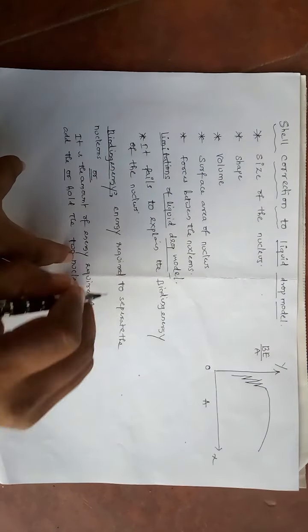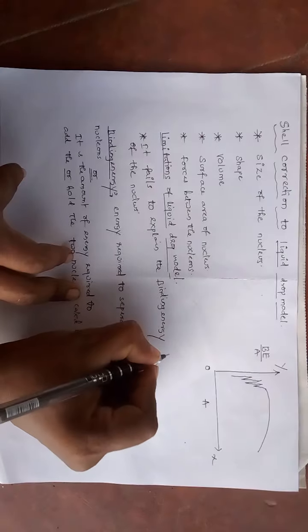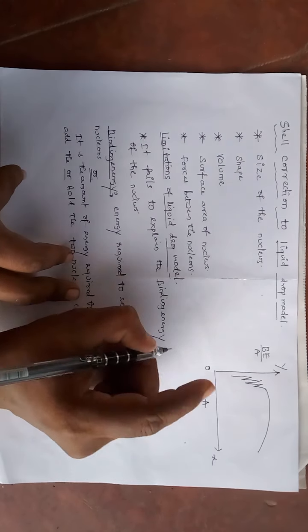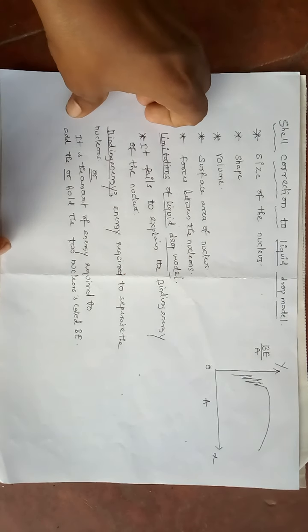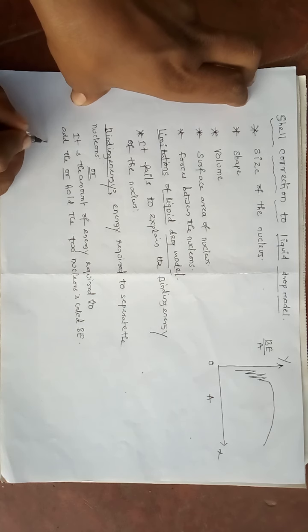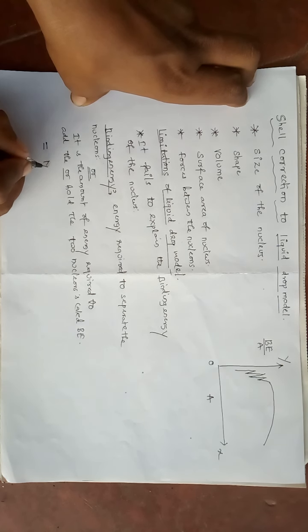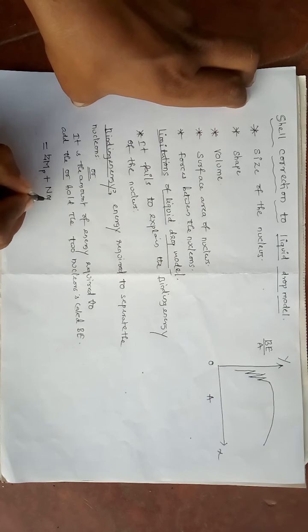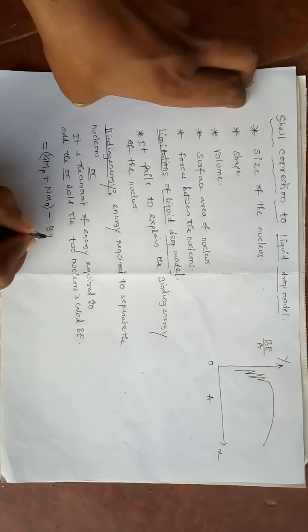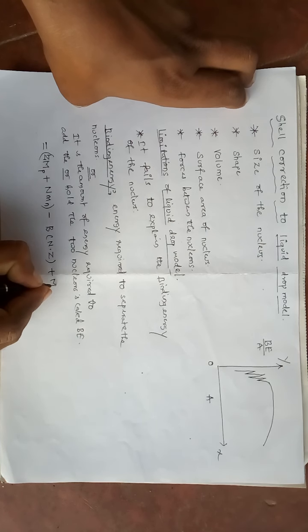Now I write the shell correction to liquid drop model, and equationally it is given by M(Z,N) = Z M_p + N M_n - B(N,Z) + M_microscopic.